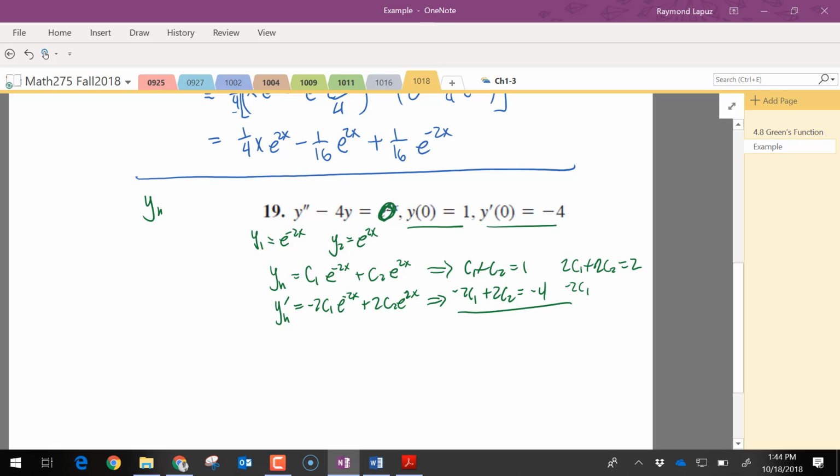Negative 2C1 plus 2C2 is equal to negative 4. So this is gone. This is 4C2 equals negative 2. C2 is equal to negative 1/2. So C1 is going to equal to what? 3/2?